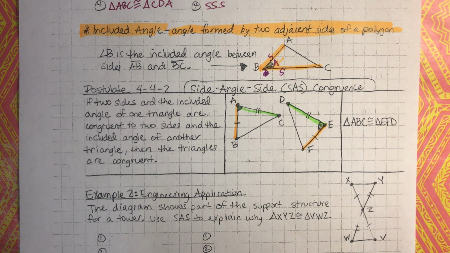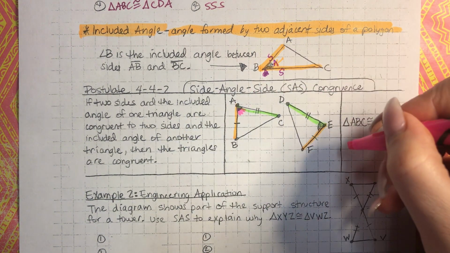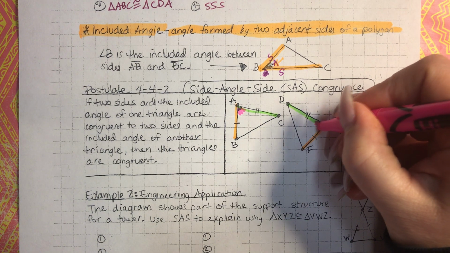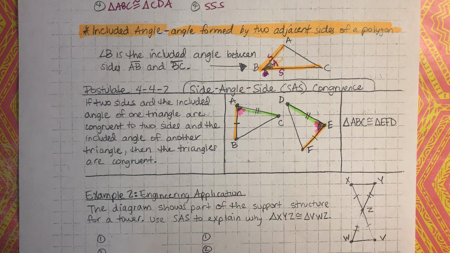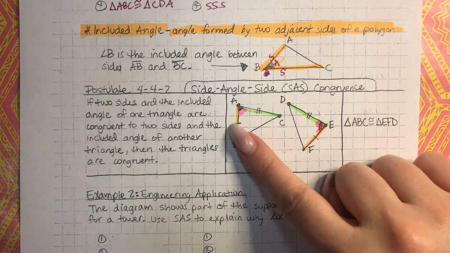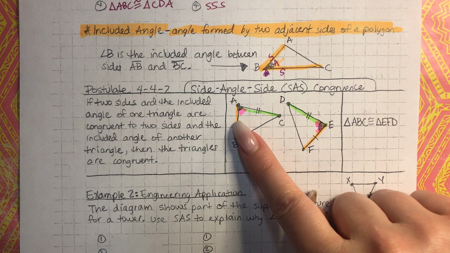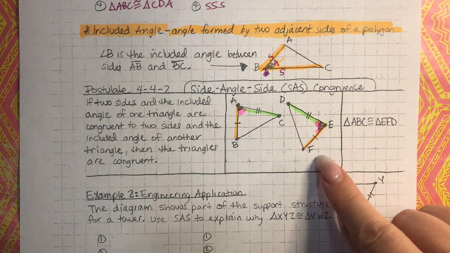And also, that included angle, which is between those two sides, is the same here and here. Okay, so it's very important that you're able to know where that included angle is. So it's the sides that are making up that included angle that are congruent.